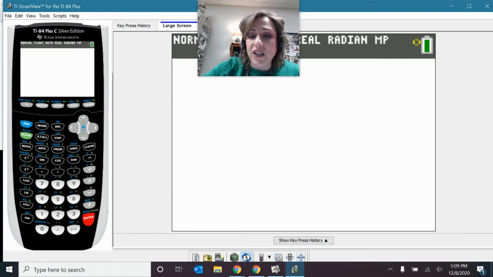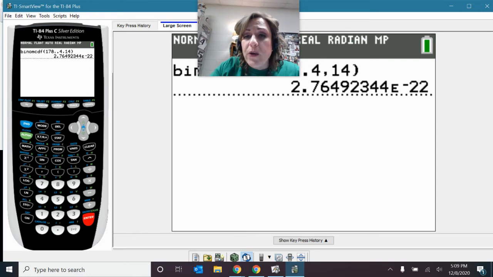So here I go, and look at this answer. 2.76 should alarm you. You should go, what? 276%? No, look at the end of the line. Times 10 to the negative 22. So that is like basically a 0% chance that you're going to get 14 or less tickets. Okay, so you better save your money up because you're going to be spending a lot on tickets, or just don't park in the teacher's parking lot.